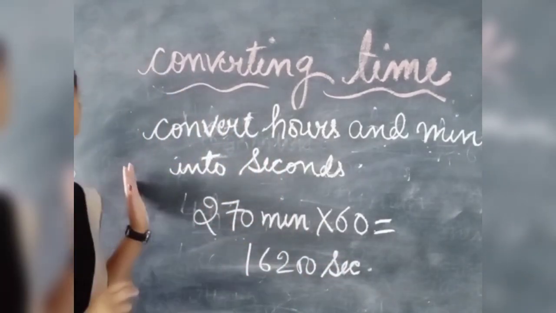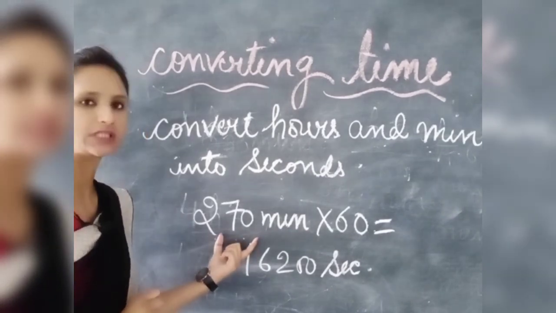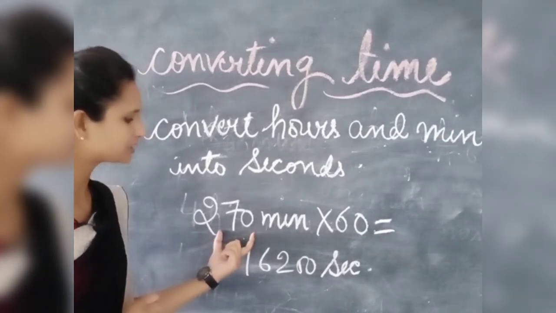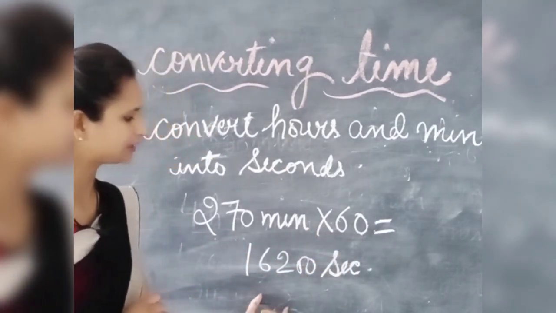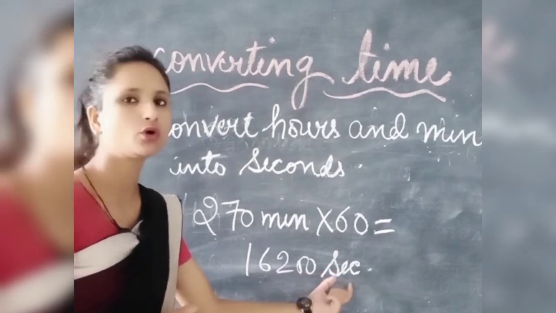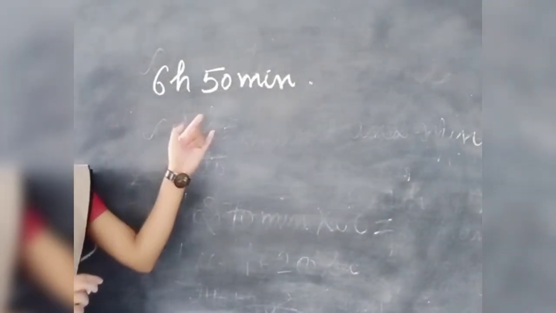First we convert hours into minutes and get 270 minutes, then we convert these minutes into seconds by multiplying with 60 and get the answer 16200 seconds.